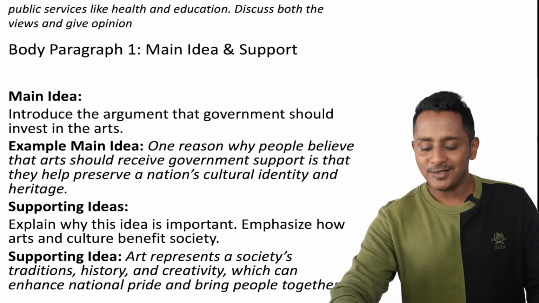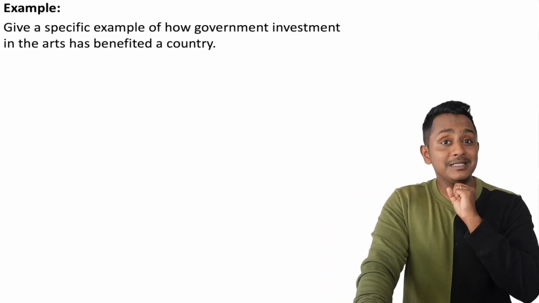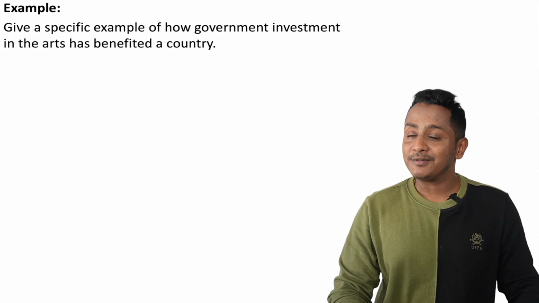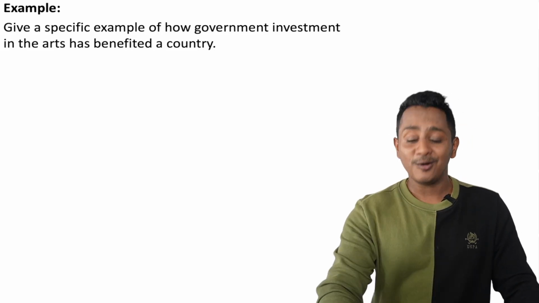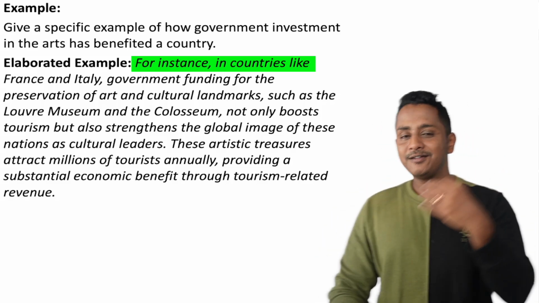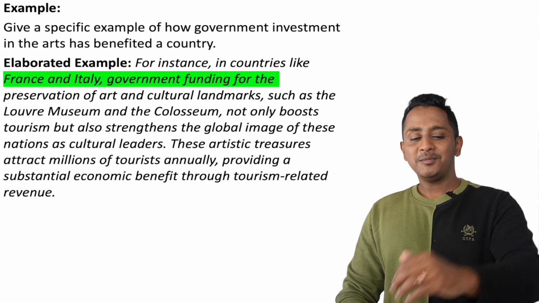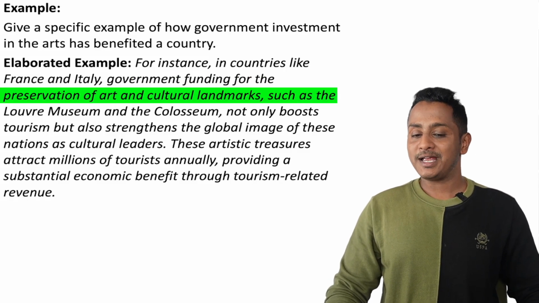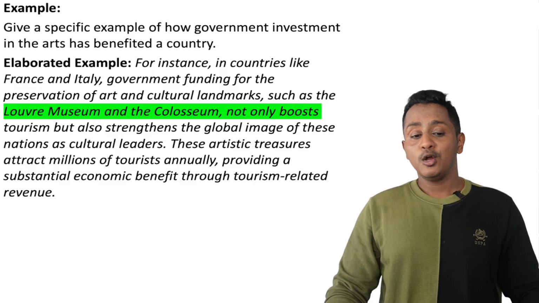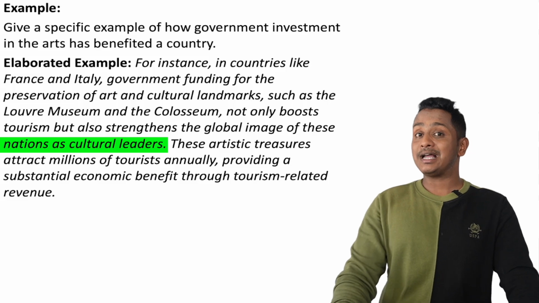Give a specific example of how government investment in the arts has benefited a country in terms of identifying itself with a culture and tradition. For instance, in countries like France and Italy, or any country you know of, government funding for the preservation of arts and cultural landmarks such as the Louvre Museum and Colosseum not only boosts tourism but also strengthens the global image of these nations as cultural leaders.